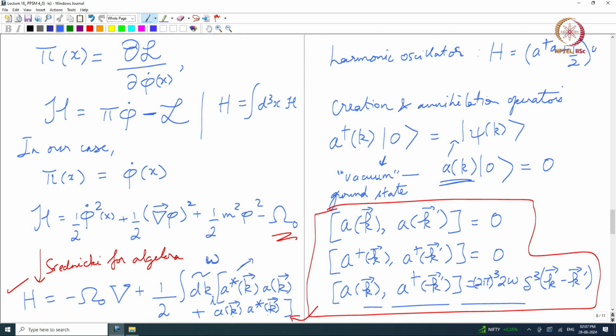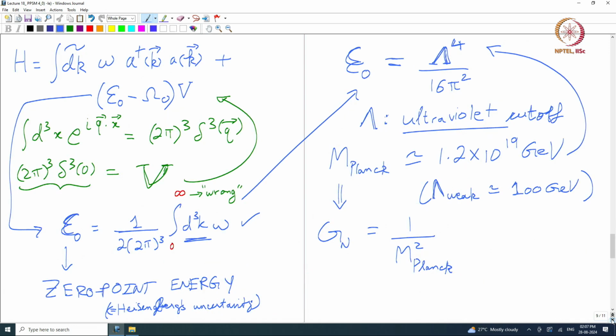There is an omega here when we talk about the harmonic oscillator. I am setting h bar equal to 1 here. So in exact analogy with that, we made use of the commutation relations and ended up with a Hamiltonian with a term that you expect, an A dagger A, again just like in the harmonic oscillator, but then you have this extra term. This is the signature of quantum field theory as opposed to quantum mechanics.